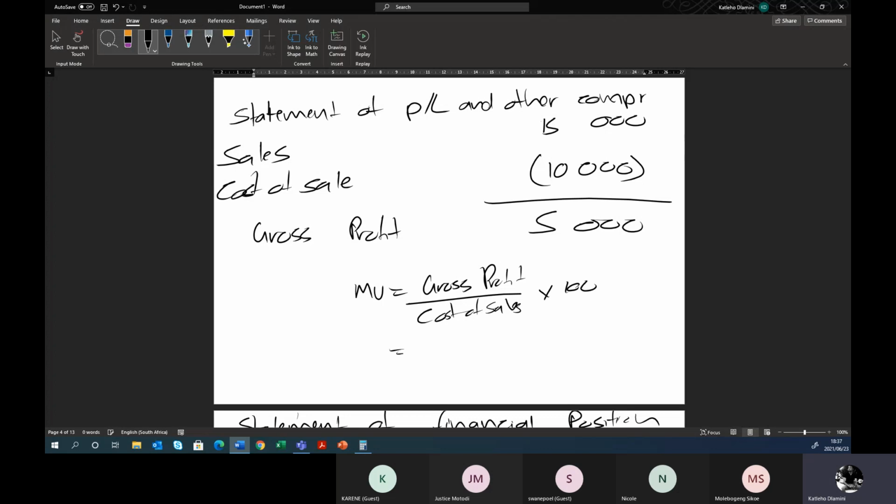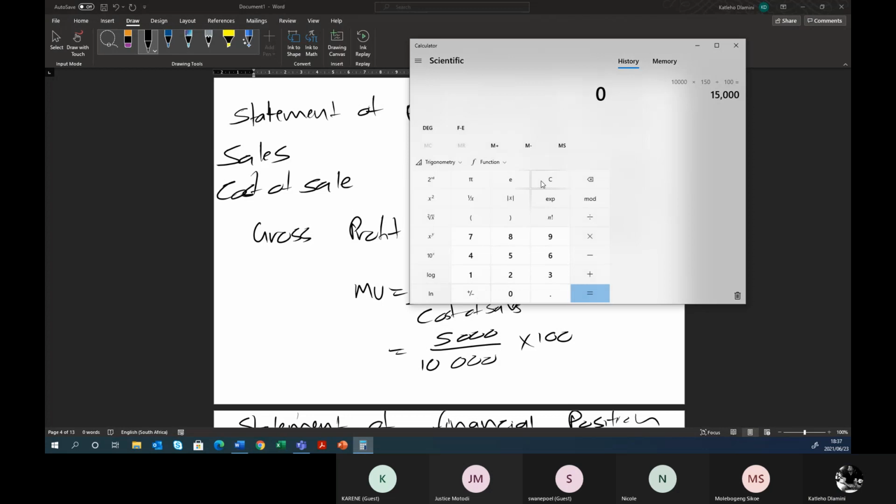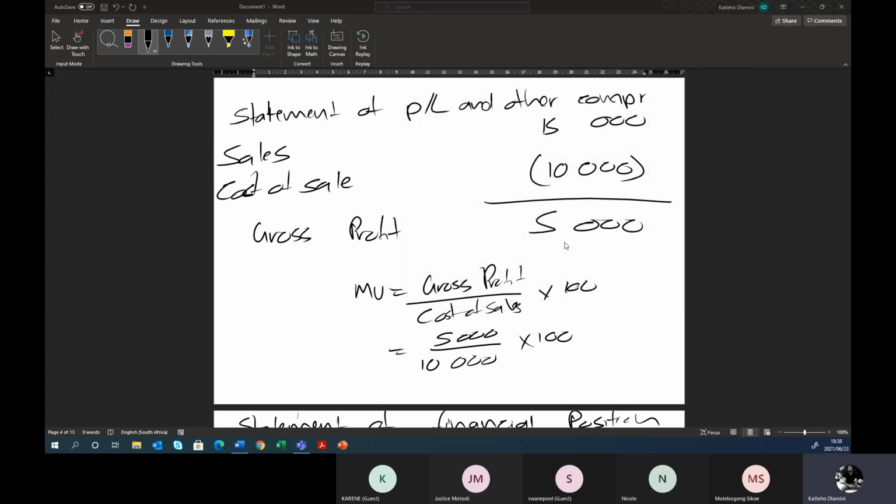My gross profit is 5,000, and my cost of sales is 10,000. So I have 5,000 divided by 10,000, multiplied by 100, and that is 50%. That is the same 50% that I said my markup was. So that's how you'd calculate that.